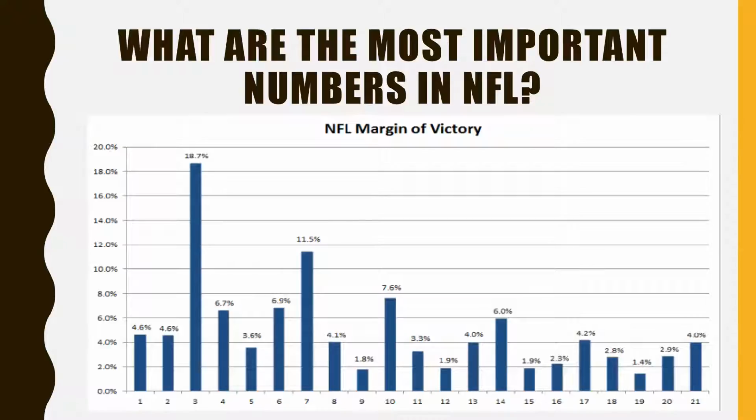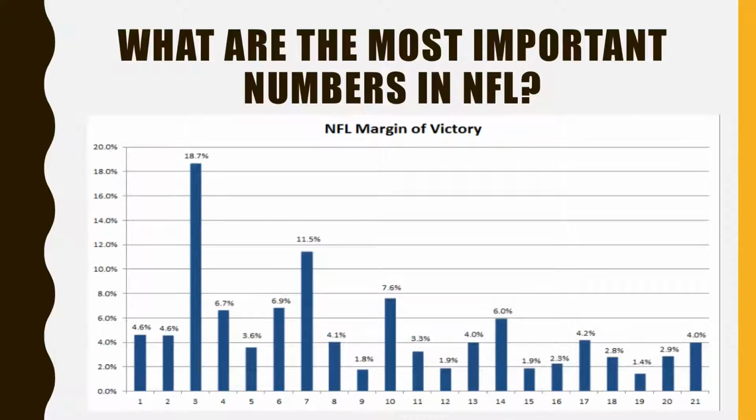I think this was a chart I got from like 2003 up until like 2016, so a very good sample of games. If you look at the very first one, where it says 1, about 5% of the time an NFL football game will end on a margin of 1, meaning you'll see a game like 28-27.